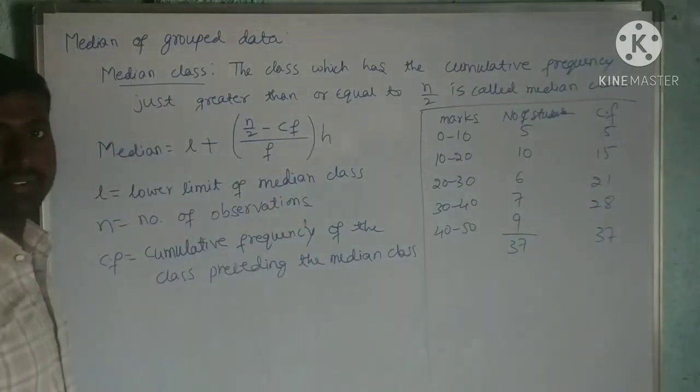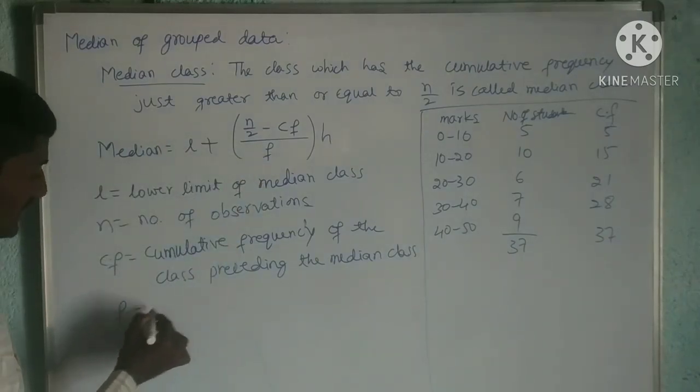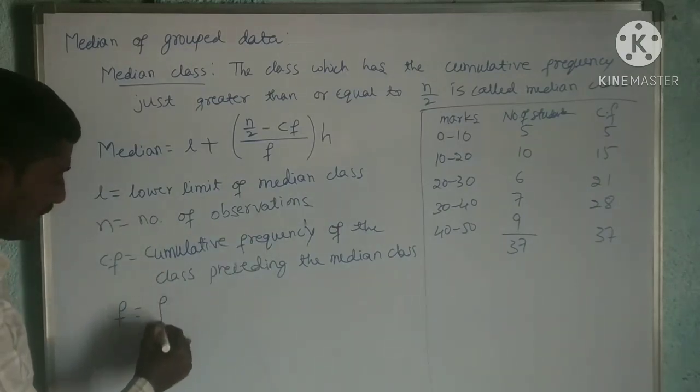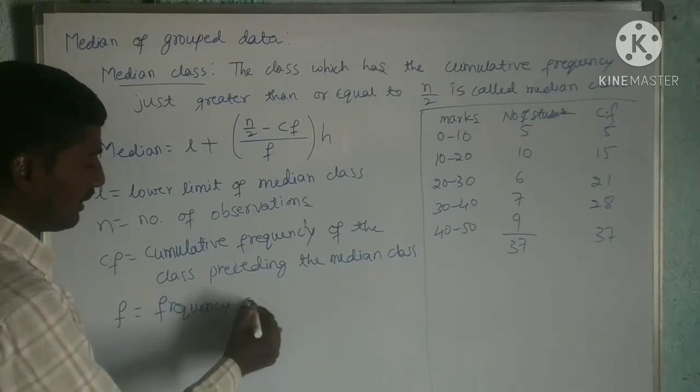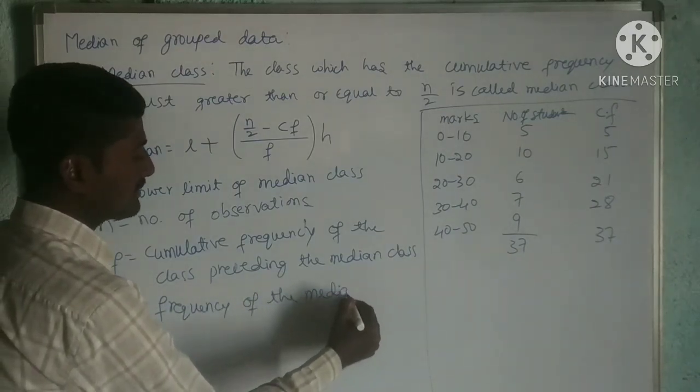So this is CF. Next, f is the frequency of the median class.